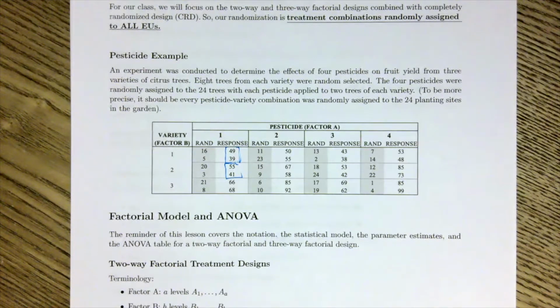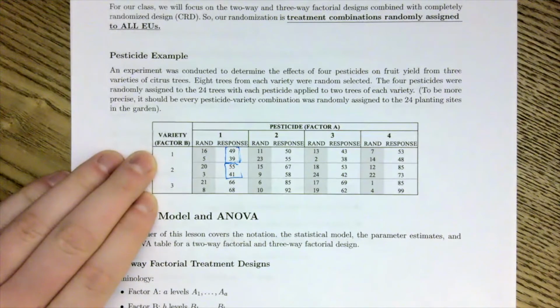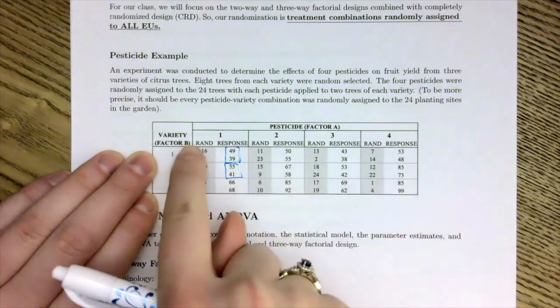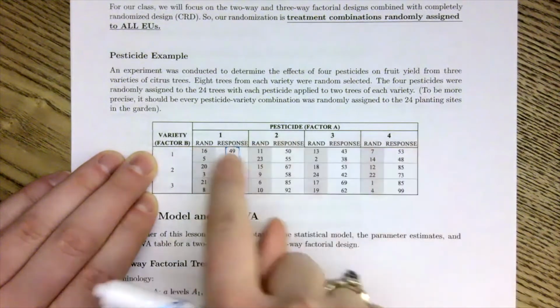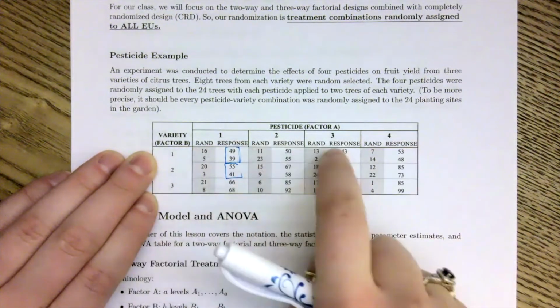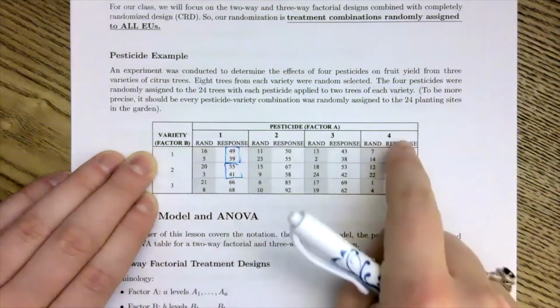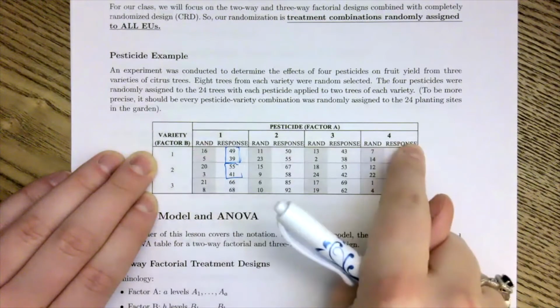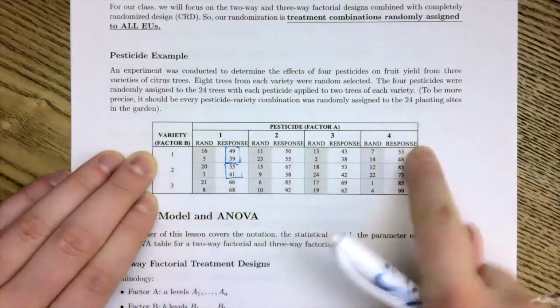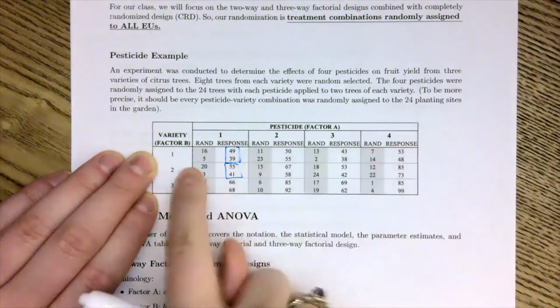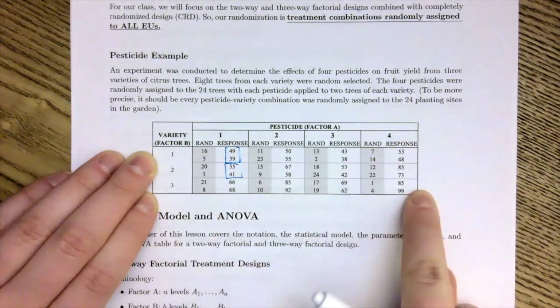An example: if this was an RCBD, where let's say variety was our block, then we would have randomly applied the pesticide, our treatment, within here. So we would have had maybe 1, 2, 3, 4, 5, 6, 7, 8. We would have randomized 1 through 8 here, randomized 1 through 8 here, and randomized 1 through 8 here.